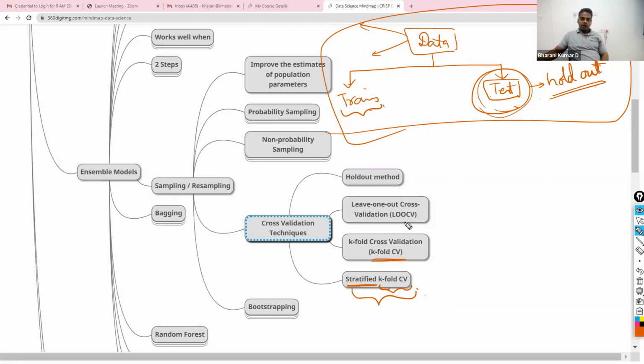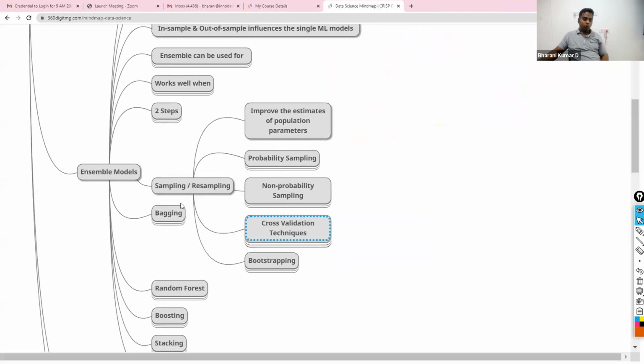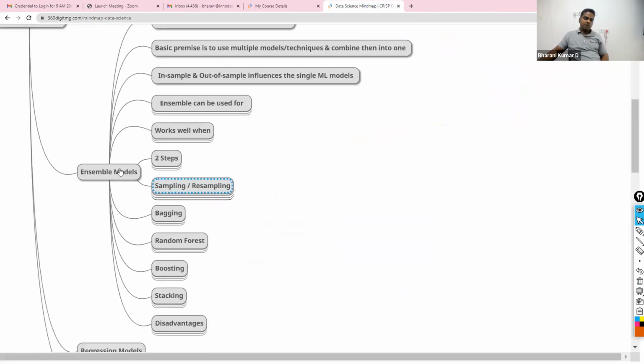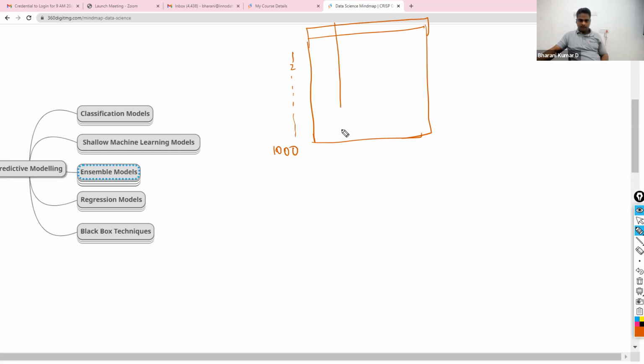Okay. Then we also have leave one out cross-validation. What is leave one out cross-validation? Let's understand. Leave one out. As the name itself says, we are going to leave only one out. Suppose you have a data set wherein you have 1,000 observations. You have your output variable and say you have your input variables.